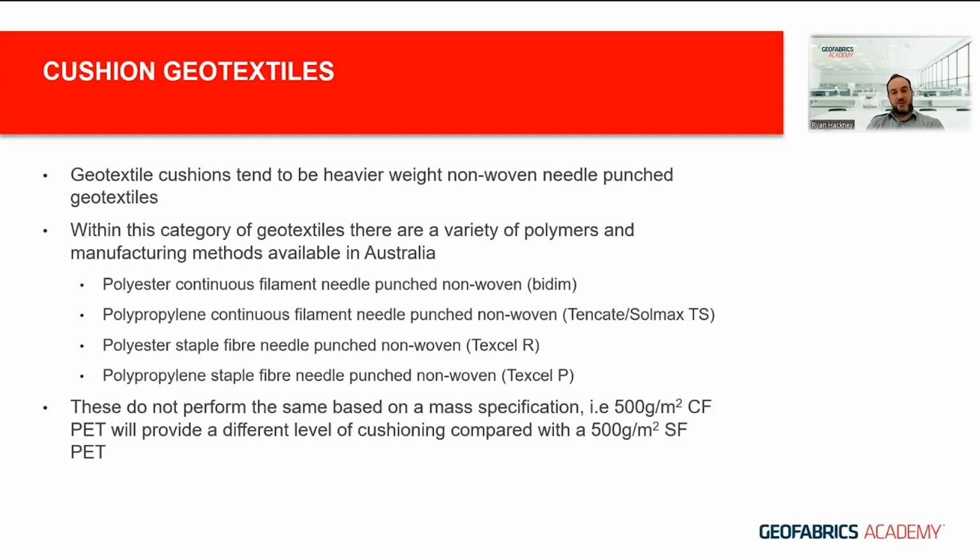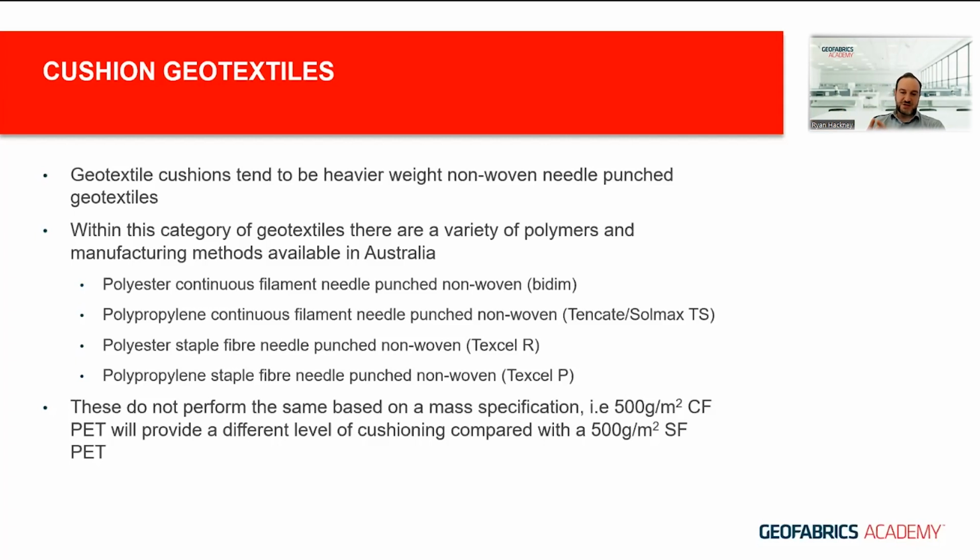So there's obviously a range of polymers that we use in geotextile manufacture, but there's also different methodologies of manufacture as well. So I've listed 4 points there, and some examples are we can have a polyester continuous filament needle punch non-woven, such as Bidim. We can have polypropylene continuous filament needle punch non-wovens, and we can source them from Solmax.